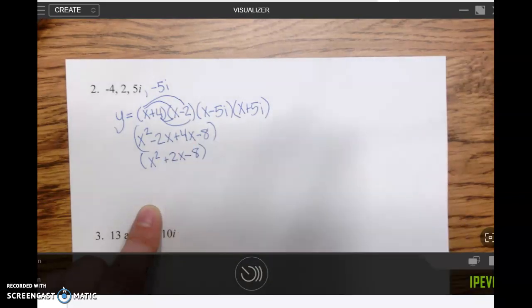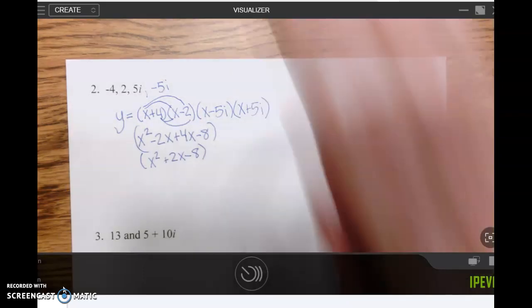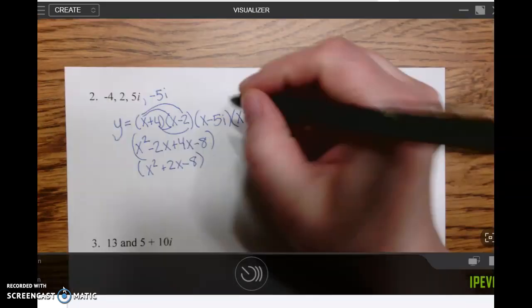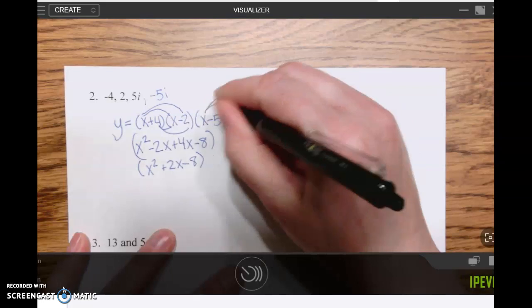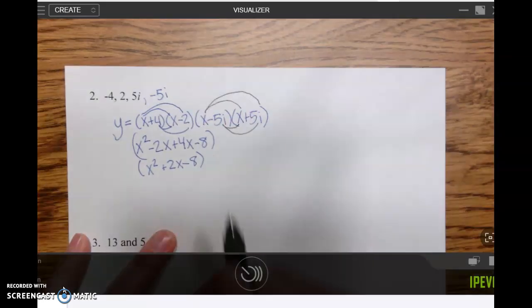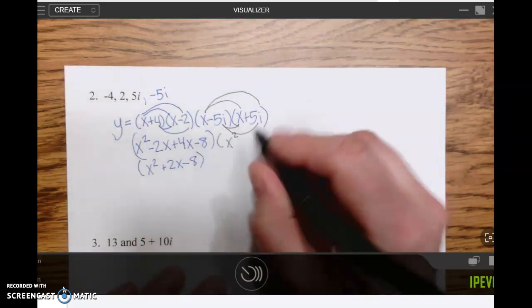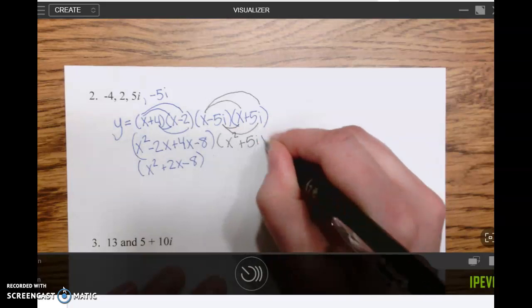All right, and that is the first of the 2 factors that we need to multiply together. Then we also need to multiply the second set of factors together. And so if we multiply the x minus 5i with the x plus 5i, the middle term should cancel out because we're using the sum and difference pattern, and that always happens with your imaginary numbers. So x times x is x squared. X times a positive 5i is a positive 5ix.